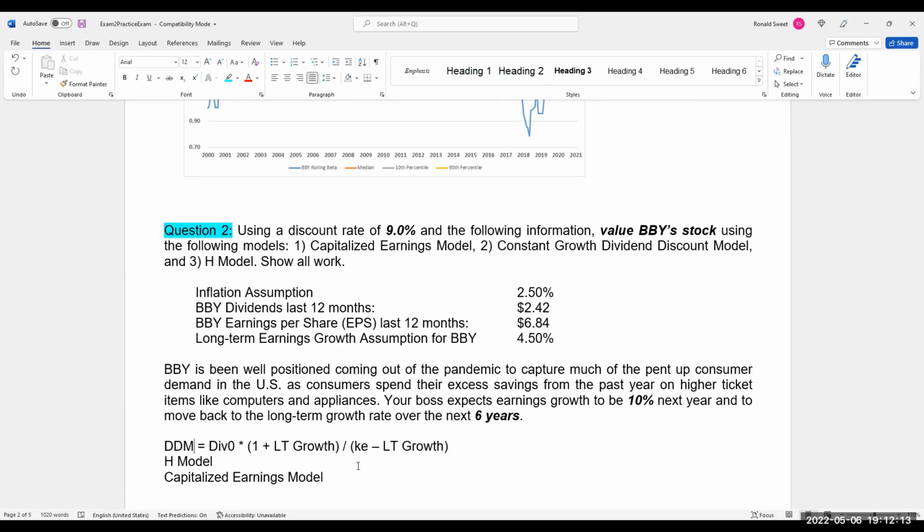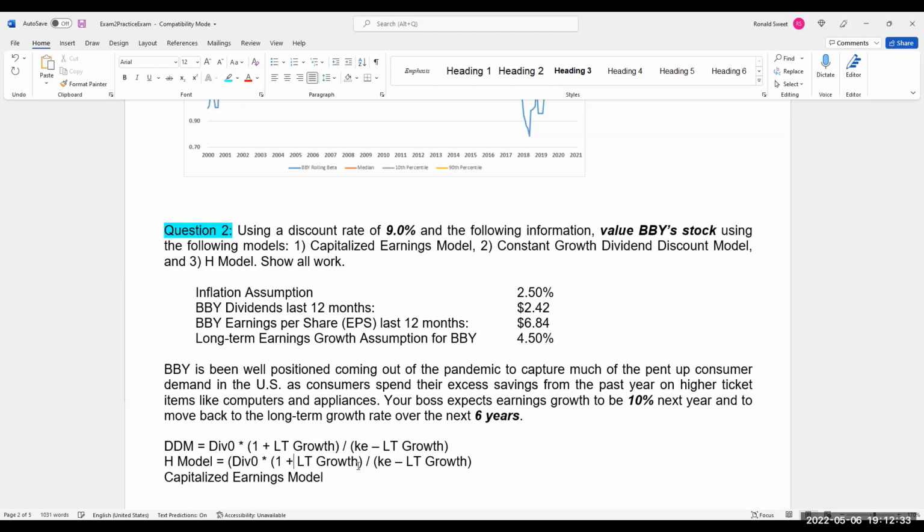H model, you take all of that, exact same thing. And if I were you, I would write out the equation on the exam and then fill the numbers in. Show me all your work, because if you get a wrong answer and you don't show your work, I can't give you any credit. But if you get the wrong answer and I see you just have a math error, I'll definitely give you credit.